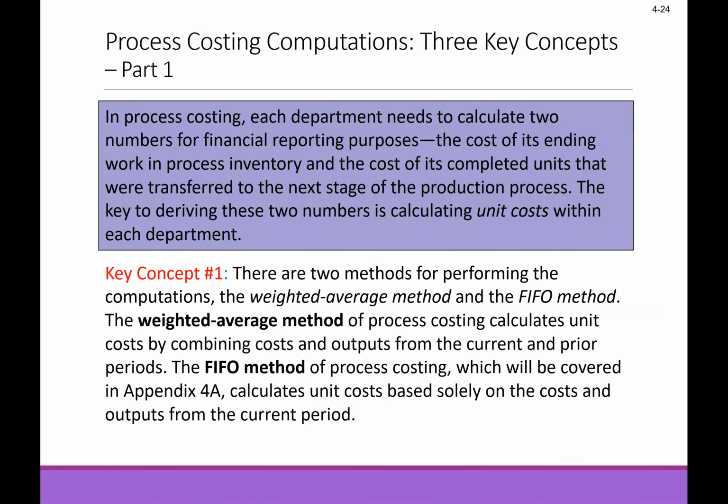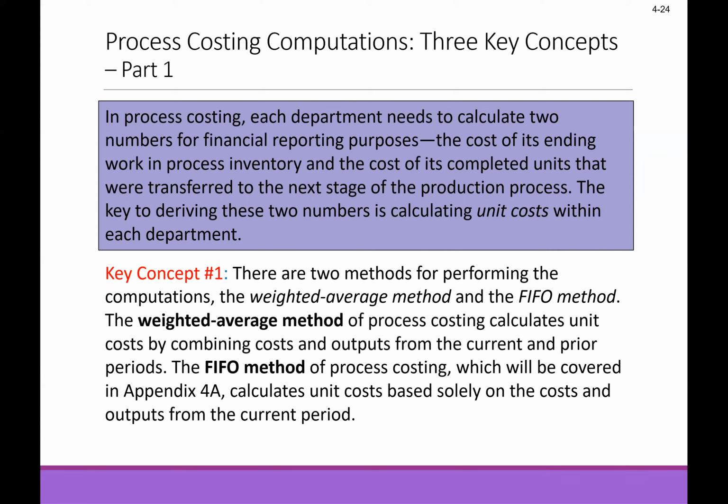In process costing, each department has to calculate 2 items for reporting purposes: the cost of its ending work in process inventory, along with the cost of its completed units that were transferred to the next stage of the production process.